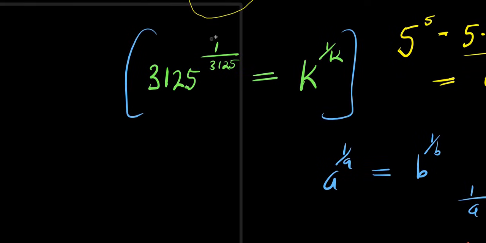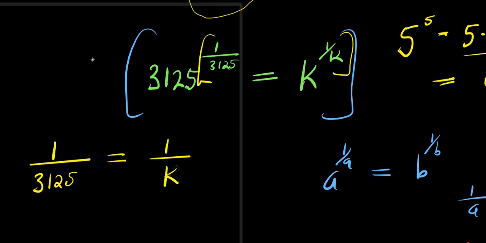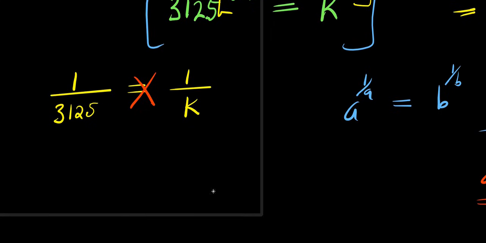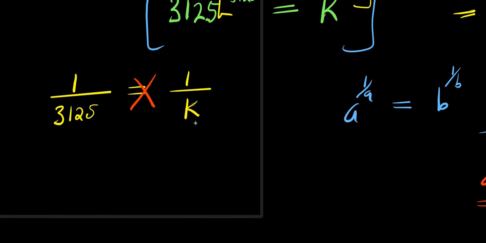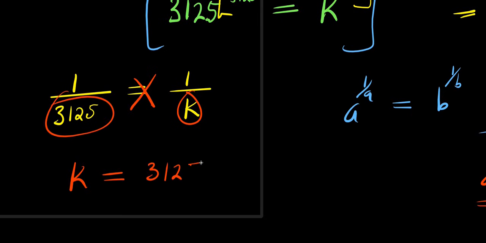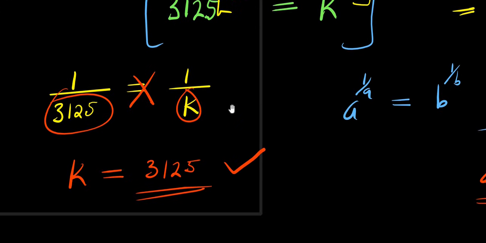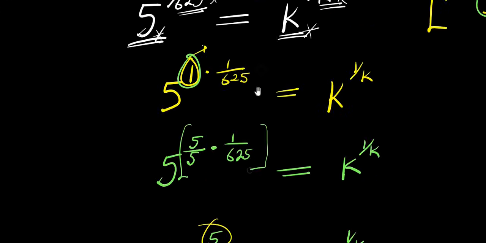So I can equate this 1 over 3125 equals 1 over k. So we cross multiply. And the k will multiply 1. I have k equals the 3125 will multiply 1 of 3125. So this is k equals 3125, and that is the solution.